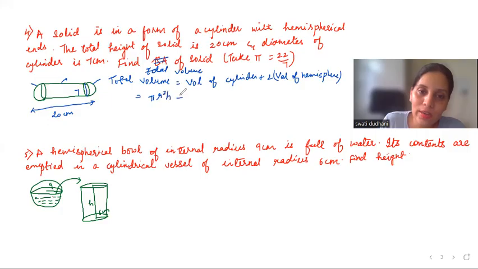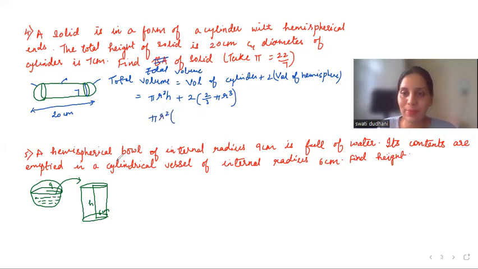Pi r square h plus 2 into what is volume of hemisphere? 2/3 pi r cube. So here we can take pi r square common because radius is same. And what do we have here? h plus 2 into 2, 4/3 r.